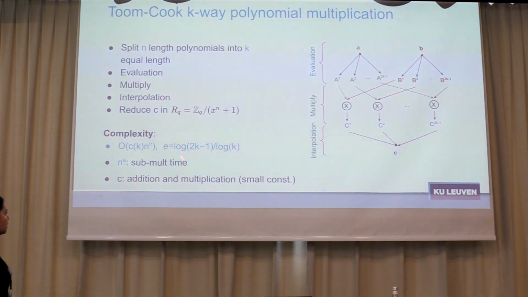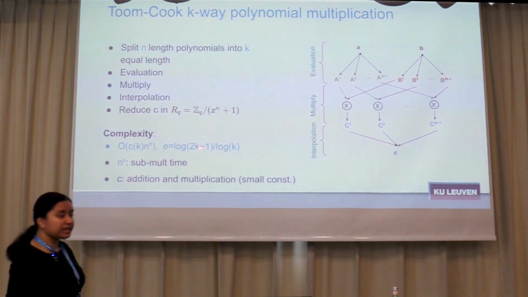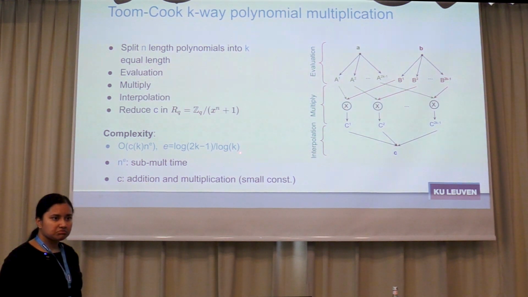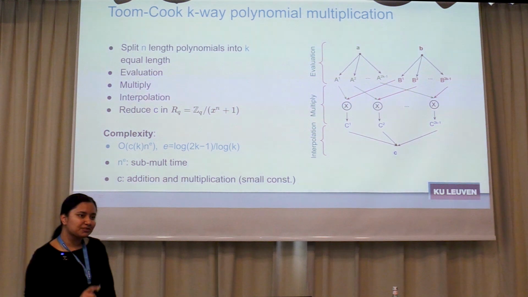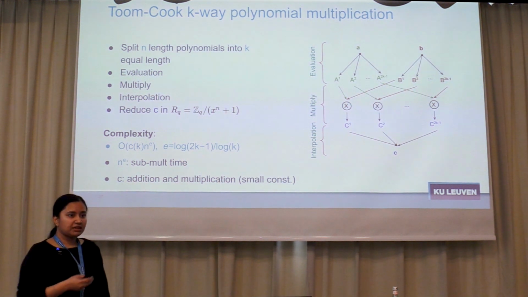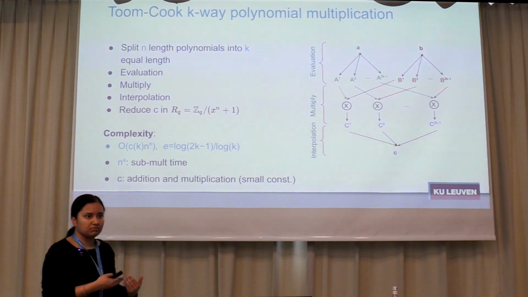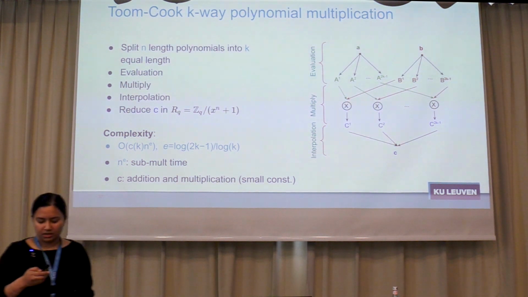So now our cost is reduced from the schoolbook one, and if your k is big enough, then it is a small number, okay? It's for sure less than n squared, but it can go towards as low as 1.5 or so.